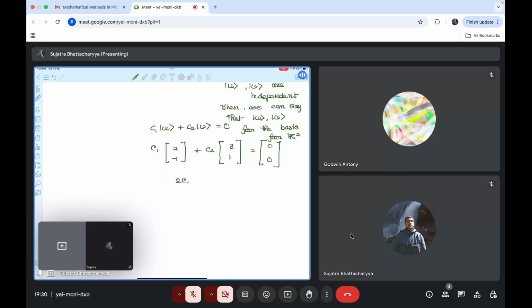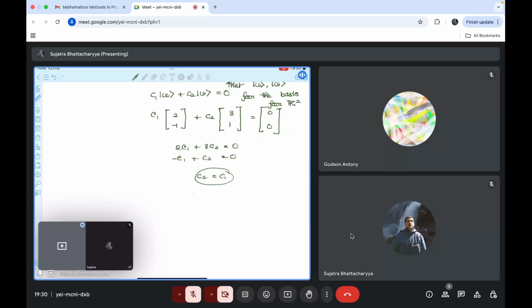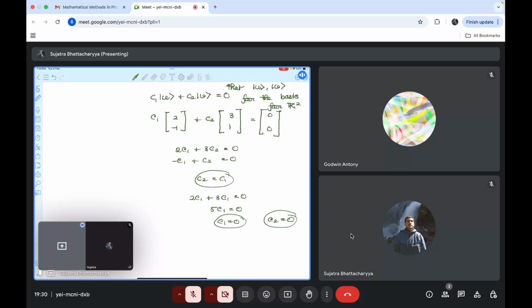It will be 2C1 plus 3C2 is equal to 0, minus C1 plus C2 is equal to 0. So C2 will be equal to C1 from the second equation. Just put it here: 2C1 plus 3C1 is equal to 0, 5C1 is equal to 0, so C1 will also be equal to 0. If C1 is 0, then C2 will be 0. Therefore, if this linear combination of u and v is set to 0, we get the coefficients C1 and C2 also equal to 0.